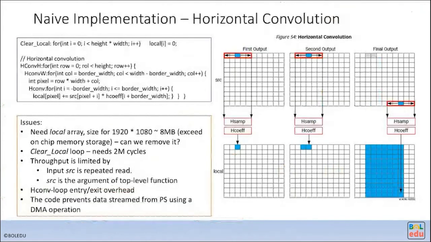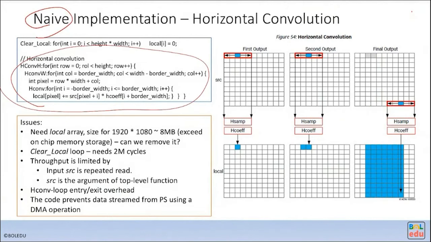Okay, so let's look into the code. That's a very naive implementation. Let's look at what's the problem with this code if we write it directly following the diagram. So that's the way you write the code: you go row by row, and then for each column you do the calculation here.